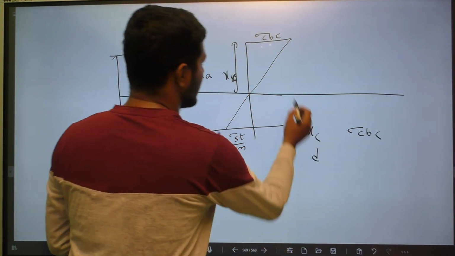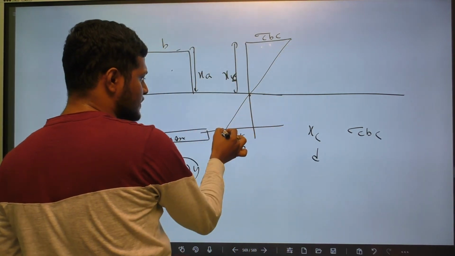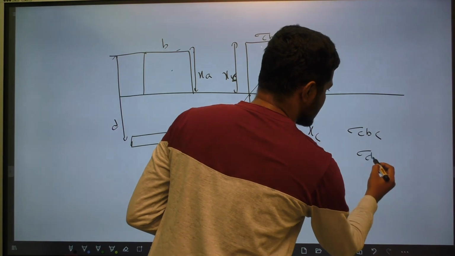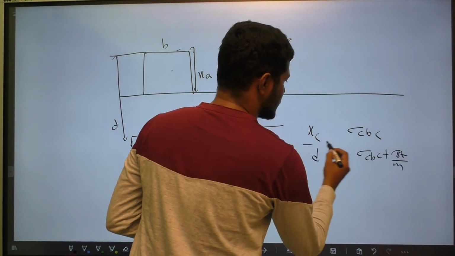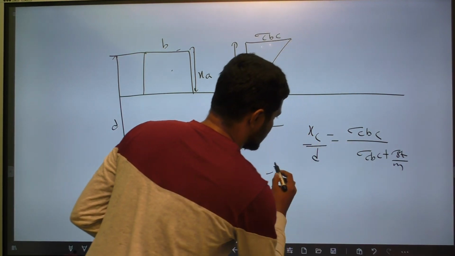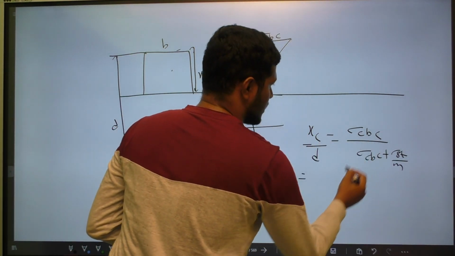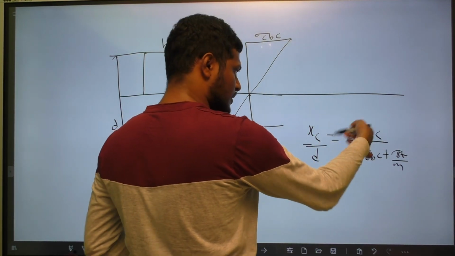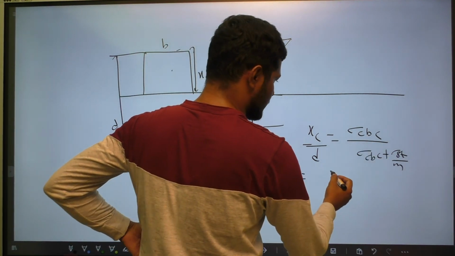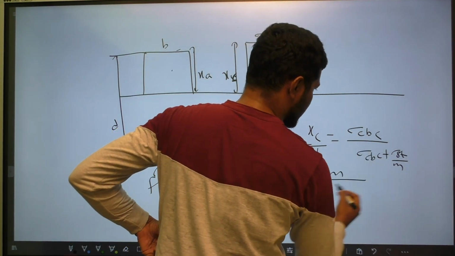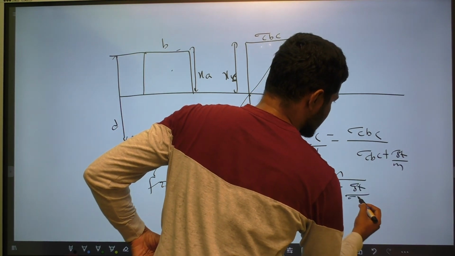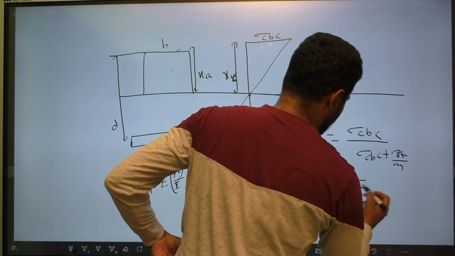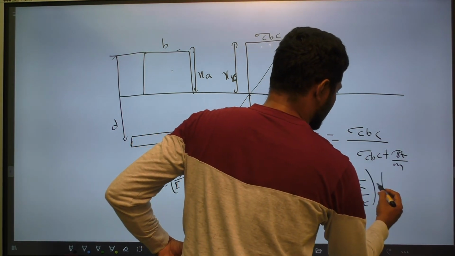For a depth of D, the stress is sigma CBC plus sigma ST by M. So let me divide everything by sigma CBC. This will become M divided by M plus sigma ST divided by sigma CBC, into D.